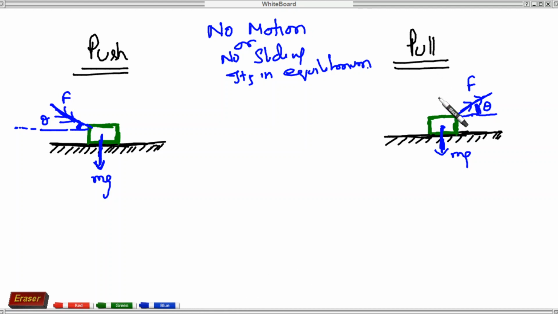I told you the normal reaction will also act in the upward direction, so it will be like this here and like this here. The friction force will be acting in the backward direction. So let's draw the friction force. Here it will be in this direction.